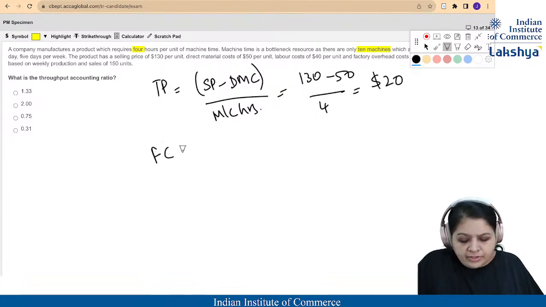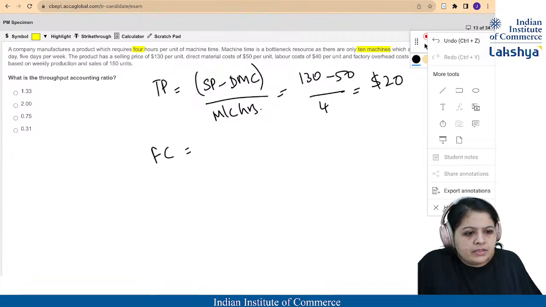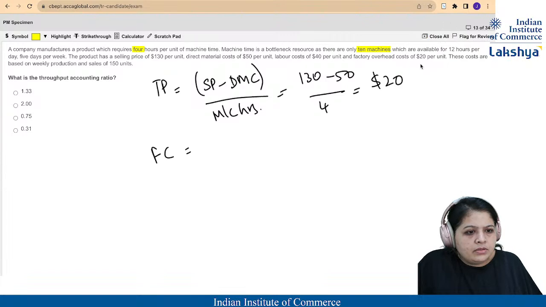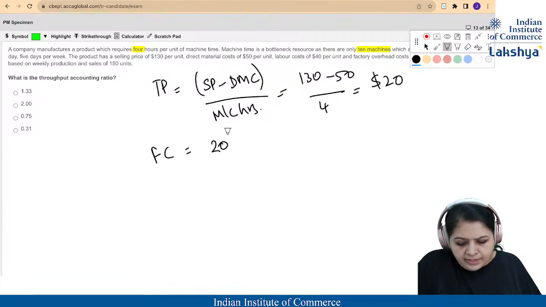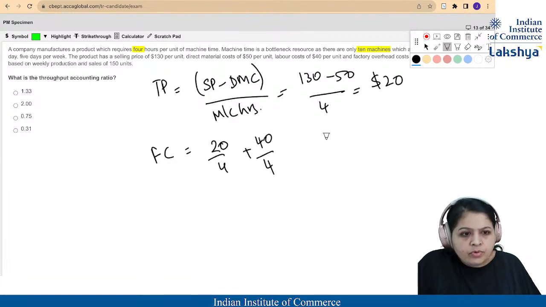And when we talk about the factory cost, it is the overhead cost, which is 20, and the factory cost is 20 divided by 4 plus 40 divided by 4, which is your labor cost, giving you a value of 15.